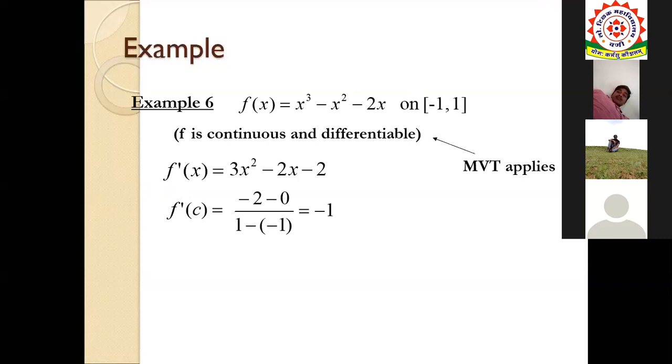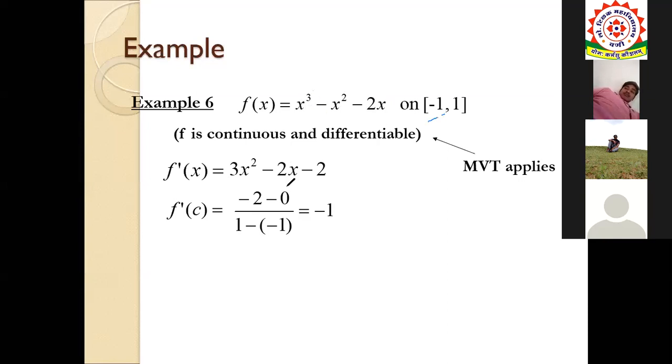So f of minus 1: if you substitute minus 1 in this one, then minus 1 cube is minus 1, minus 1, minus 1, minus 2.